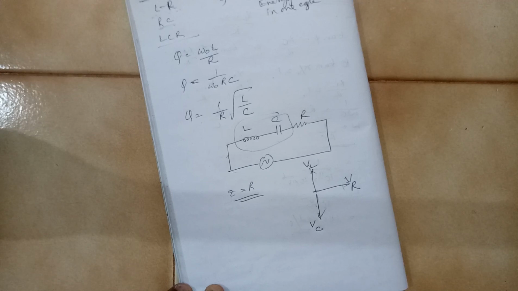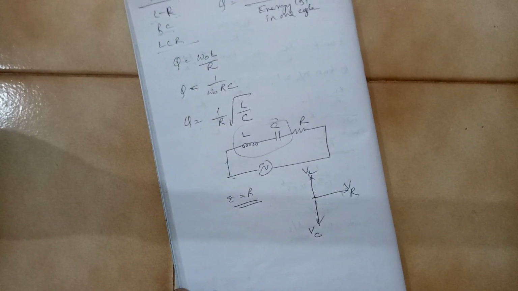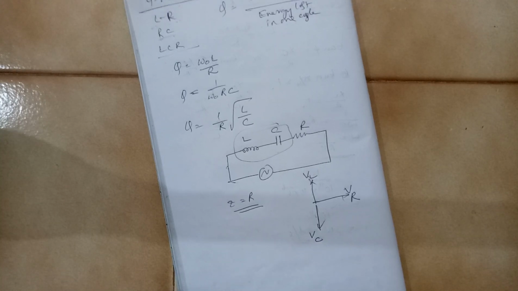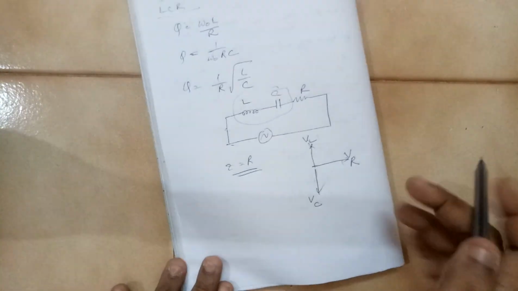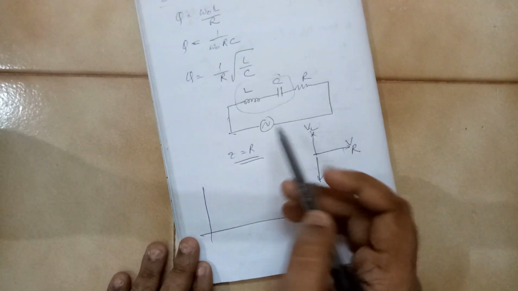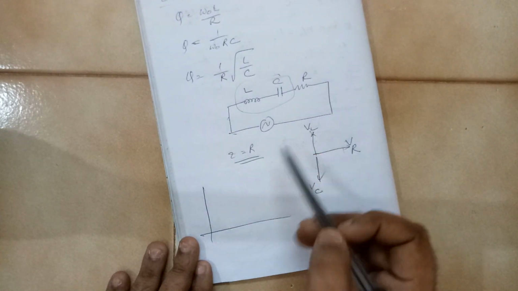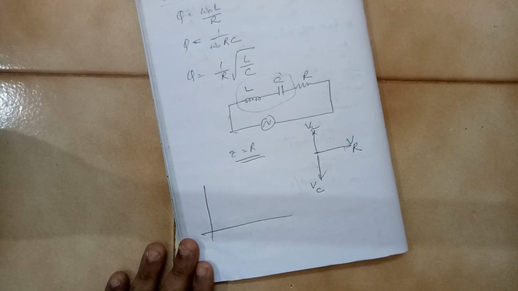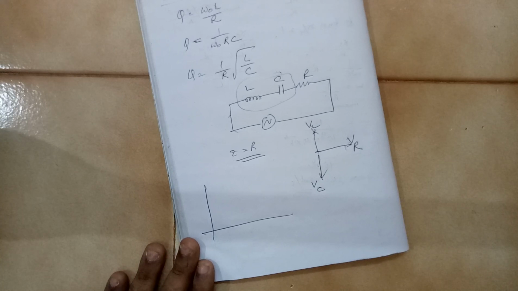Now, how is quality factor useful in understanding a circuit? Let us take two circuits. Basically, when current is flowing through the circuit, you draw a graph between the current and, let us say, the frequency.